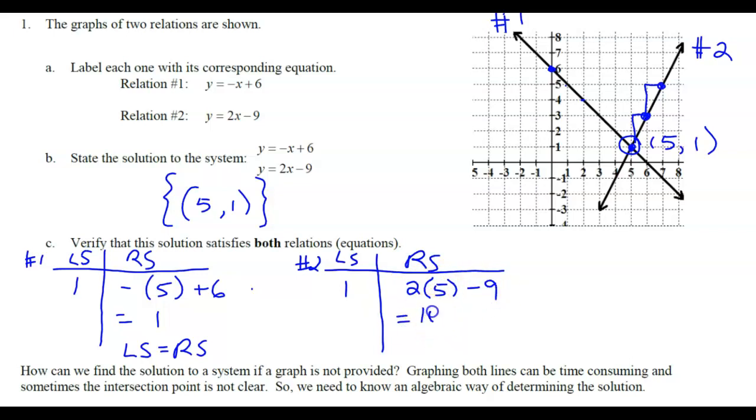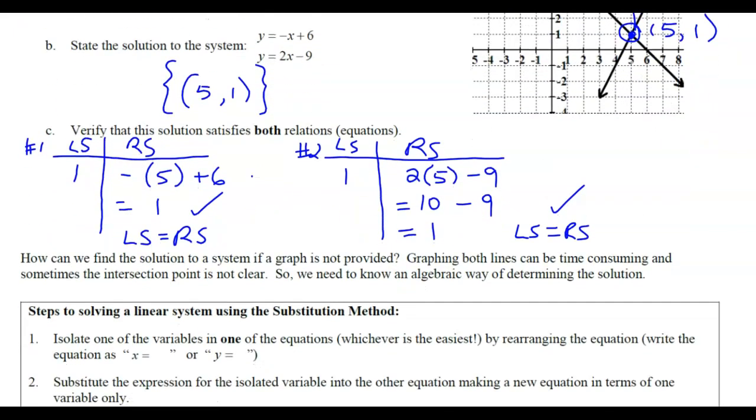Well, 2 times 5 is 10, and 10 minus 9 is 1. So both of them work. We verified it algebraically.